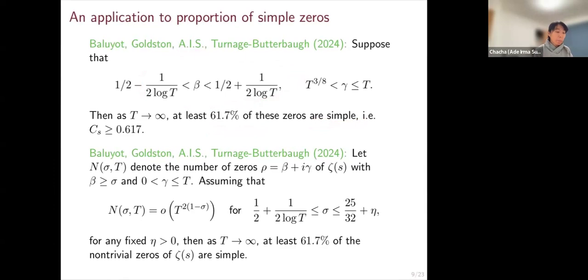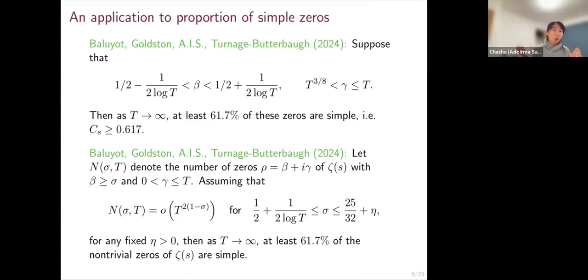And then, if you don't like this assumption, you can replace it with a density condition. This is just saying that you have a slightly stronger zero density estimate, but you don't really need to go to 1, because there was already a result by Jean Bourgain that when the real part is bigger than 25/32, you already have this strong density estimate.